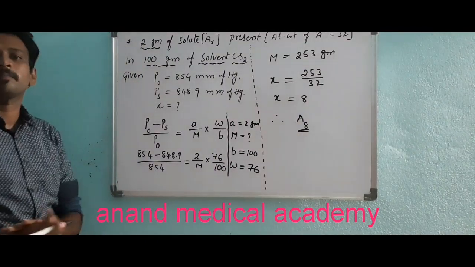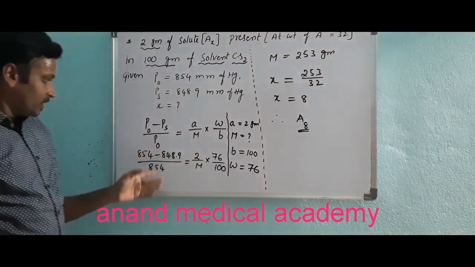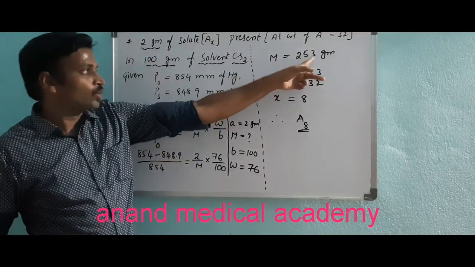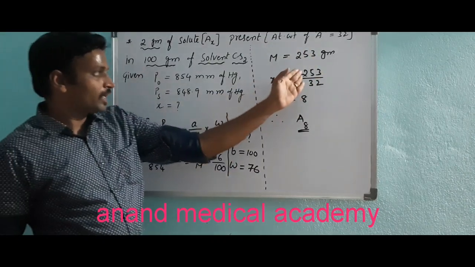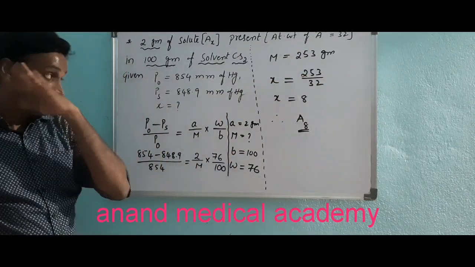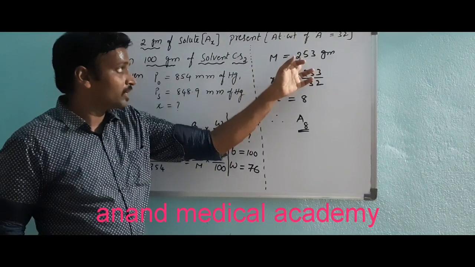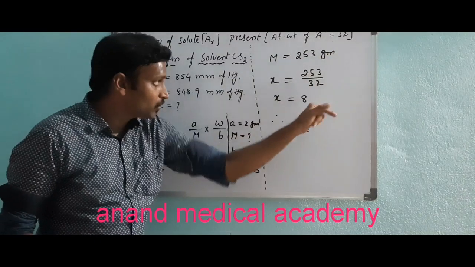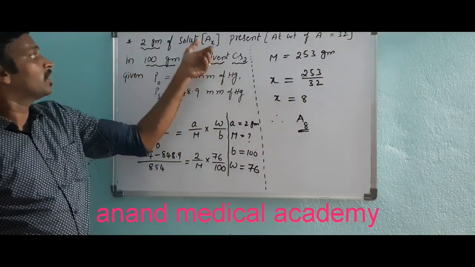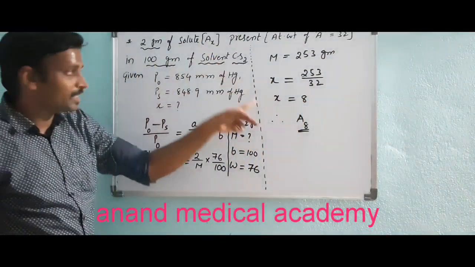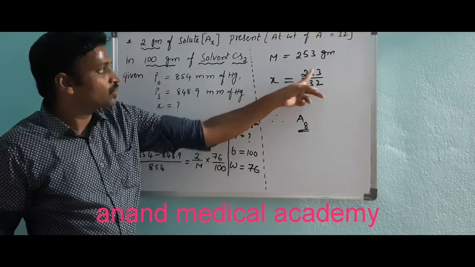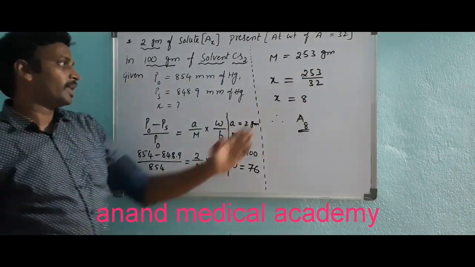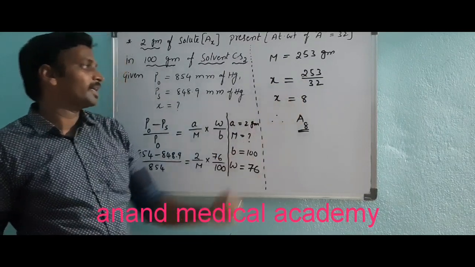If you simplify this, you will get a molecular weight of 253 grams, and X is 253 by 32, because the total molecular weight of this AX is 253. If you do 253 by 32, you can say how many A's are there. So X is equal to 253 by 32, and if you simplify this, you will get X as 8.